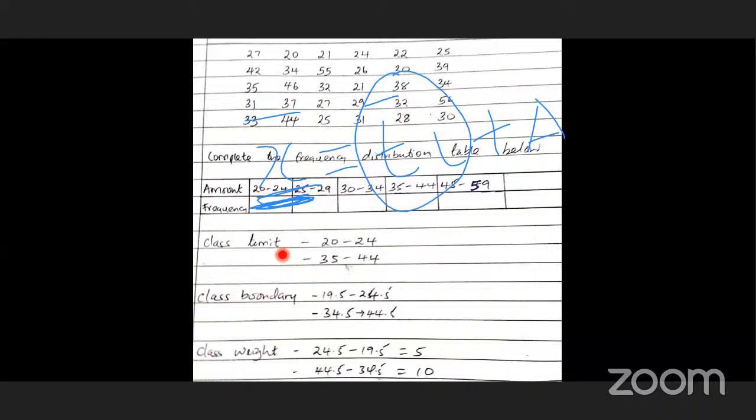I can also see a misspelling here, so that in future they don't take this to be correct. This class is class width, the size of the class. The rest is okay. You can now finish with the example.